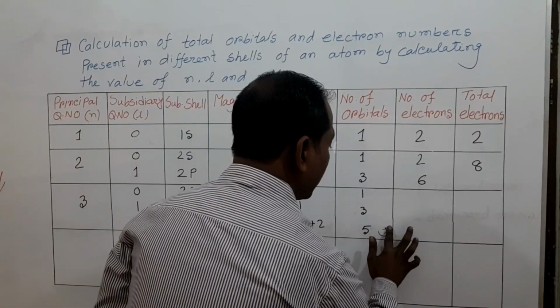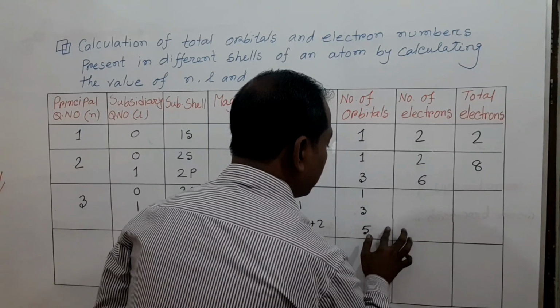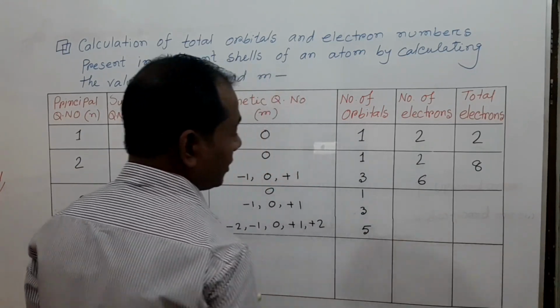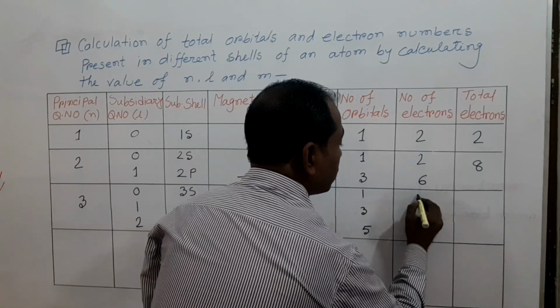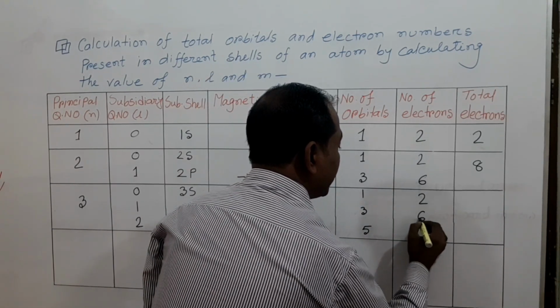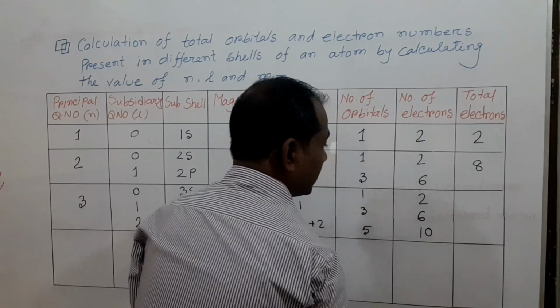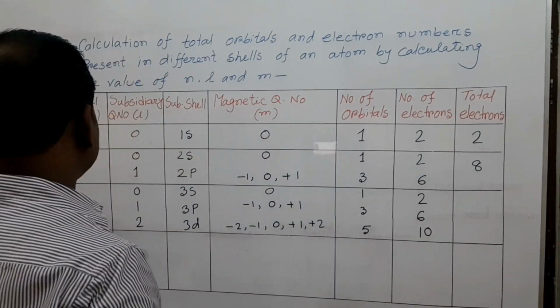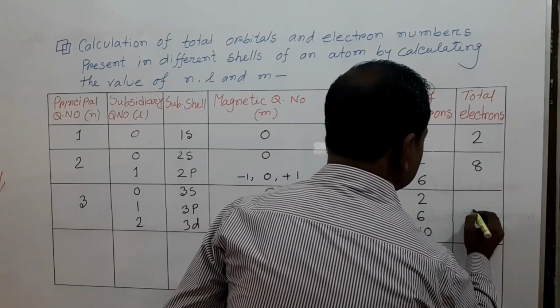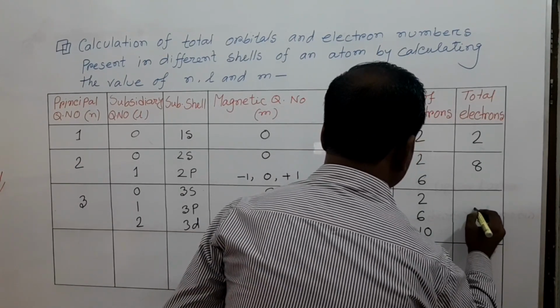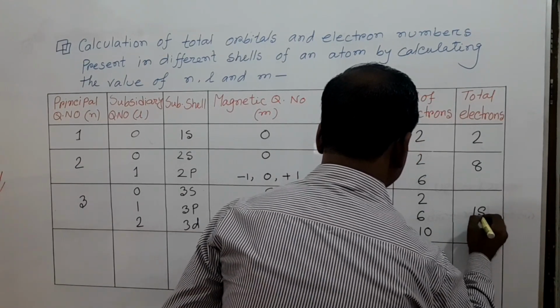Okay, and for number of electrons, we get 2, 6 and 10, and total electron present in third shell, that is 18.